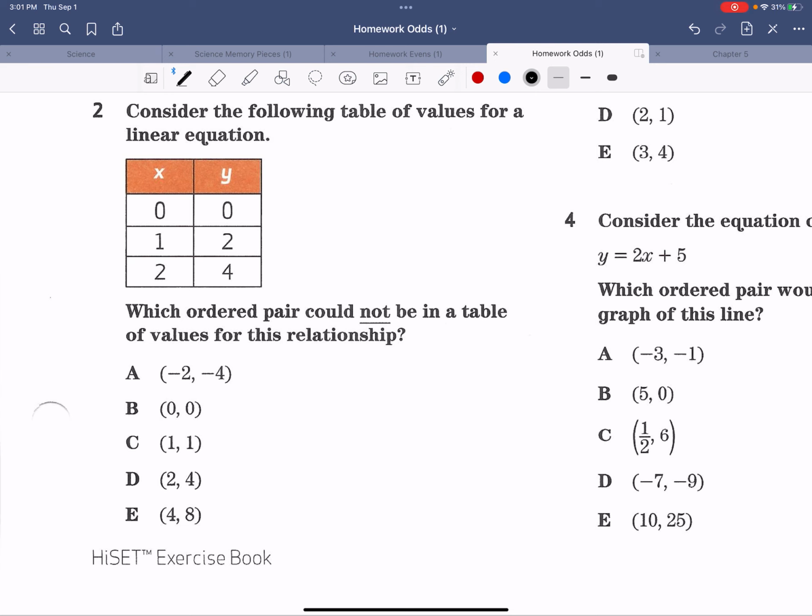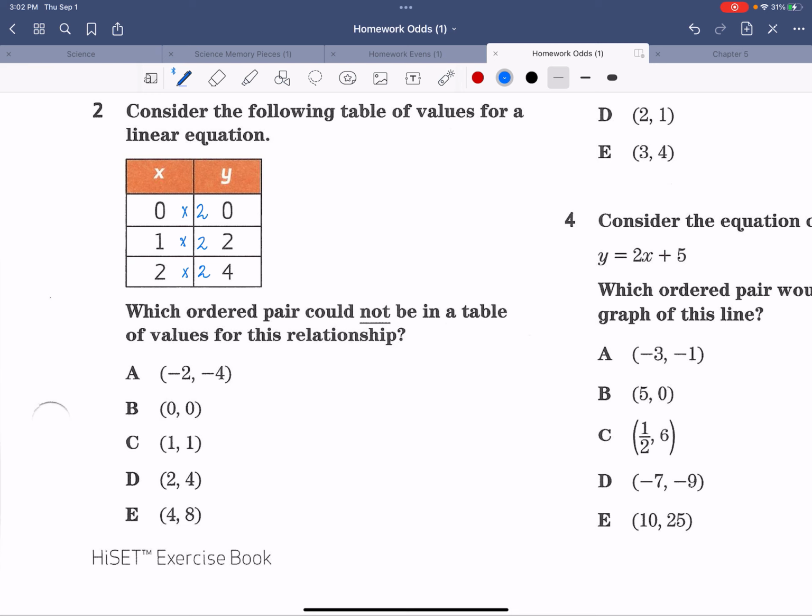Let me show you 2 different ones, and then you can choose the one you want. The first thing that I notice is that there's a pattern in this table that every x is multiplied by 2 to get the respective y. So if I find a point that does that as well, that would be the answer to what I'm looking for. So, well, not necessarily. Let me work it as an equation.